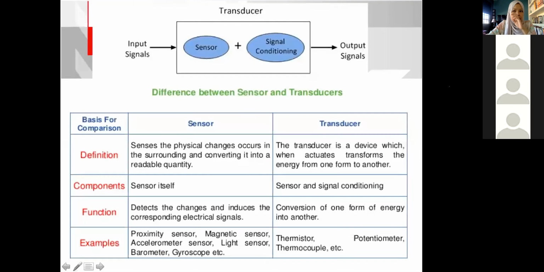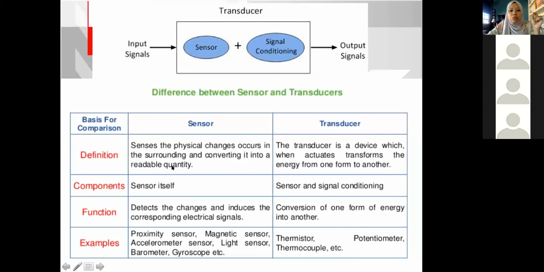If we look at the comparison between transducer and sensor, we can see that the sensor is actually a part of a transducer. A transducer consists of a sensor and signal conditioning, and you have an input signal and an output signal. That is called a transducer. If you look at this picture, you will more easily understand what is a sensor and what is a transducer. In terms of definition, a sensor senses the physical changes occurring in the surroundings and converts them into a readable quantity.